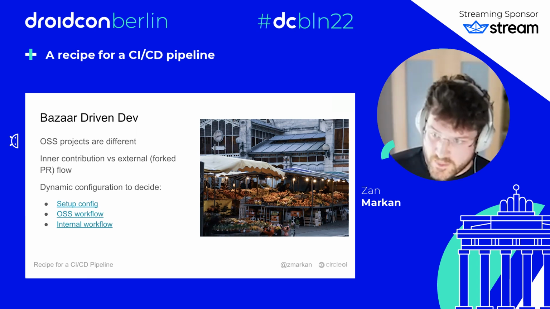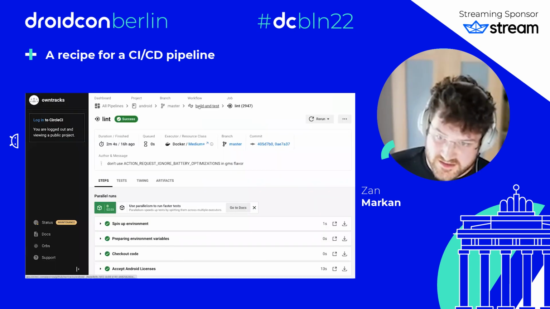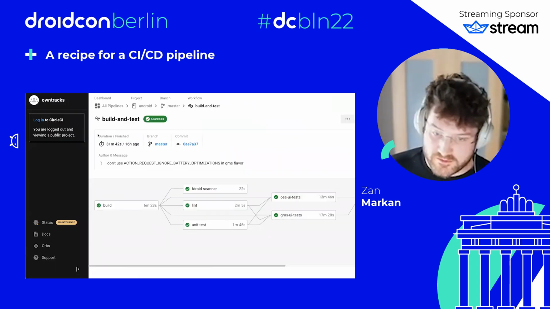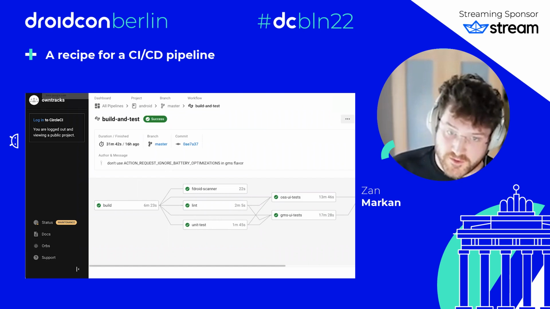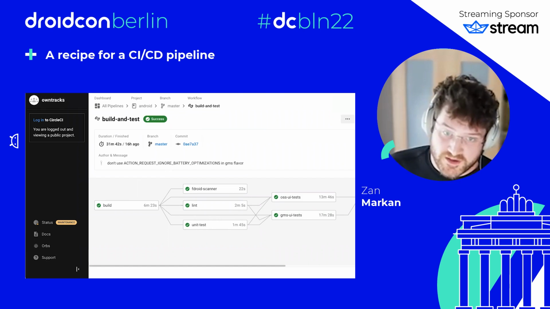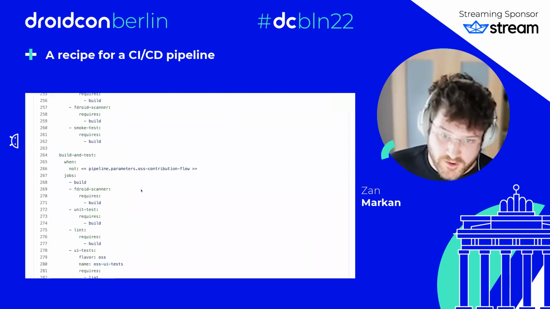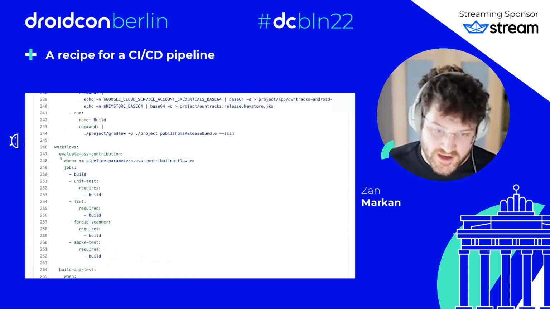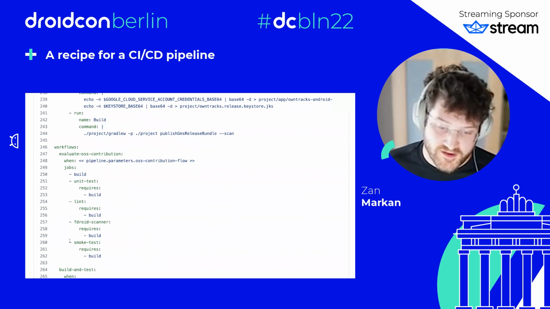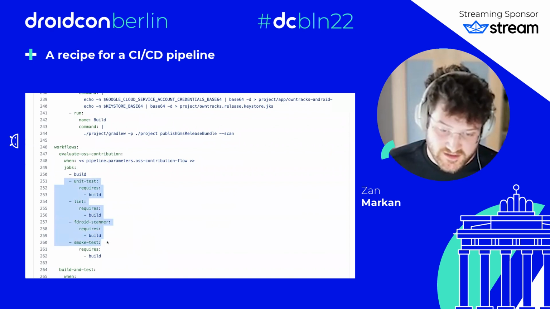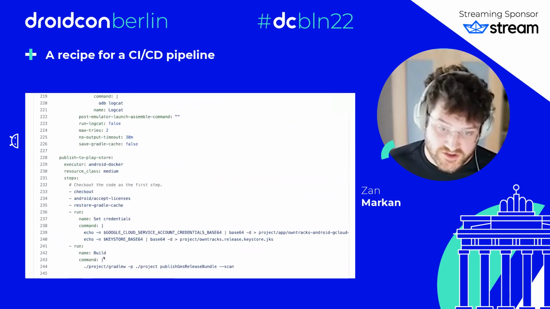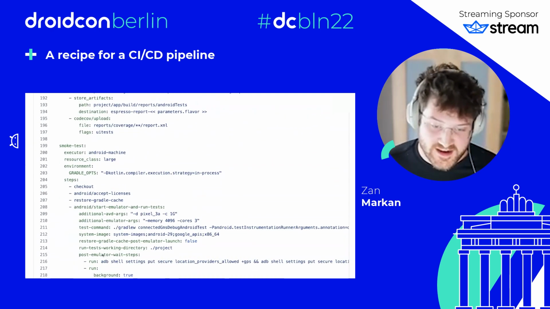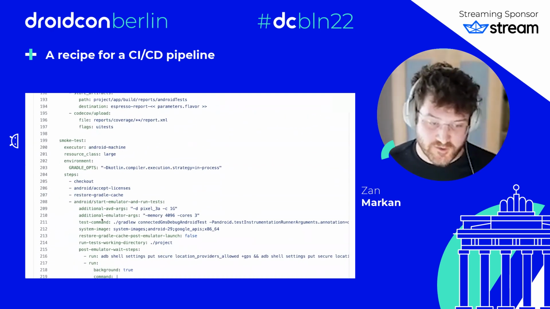So in this case, this is a regular build and test flow for internal contributors. But if someone were to make a fork, we could actually evaluate this OSS contribution, which would only run the unit tests, lint, the droid scanner, and a smoke test, which is like a subset of all the tests that only runs tests for a particular annotation.